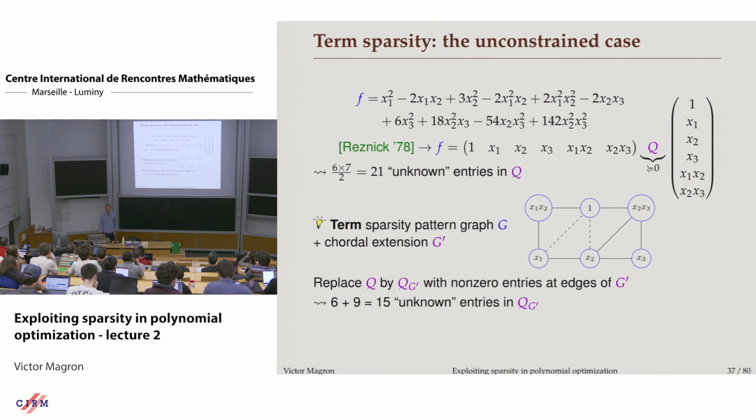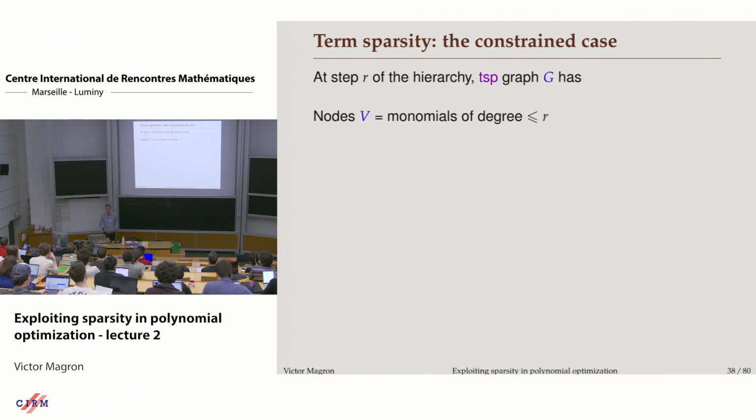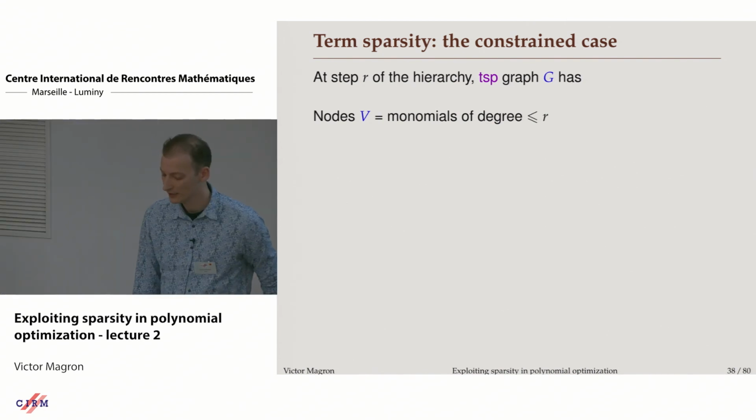Okay, so this is the basic ingredient. The good thing is that the Newton polytope stuff doesn't really work for the constraint case, because you can have some cancellations in the sum of squares decompositions. But this construction, based on this term sparsity pattern graph, works in the constraint case.